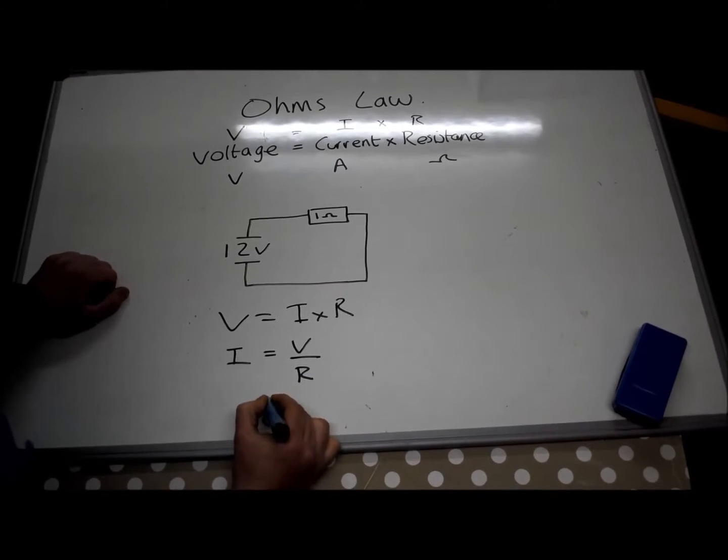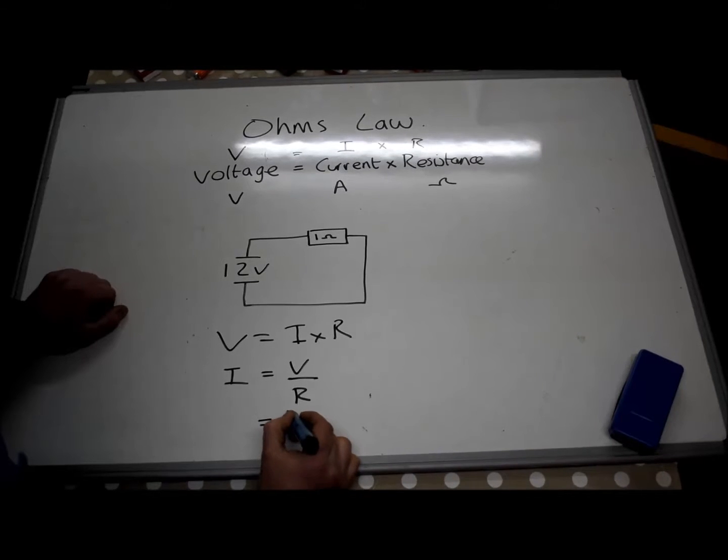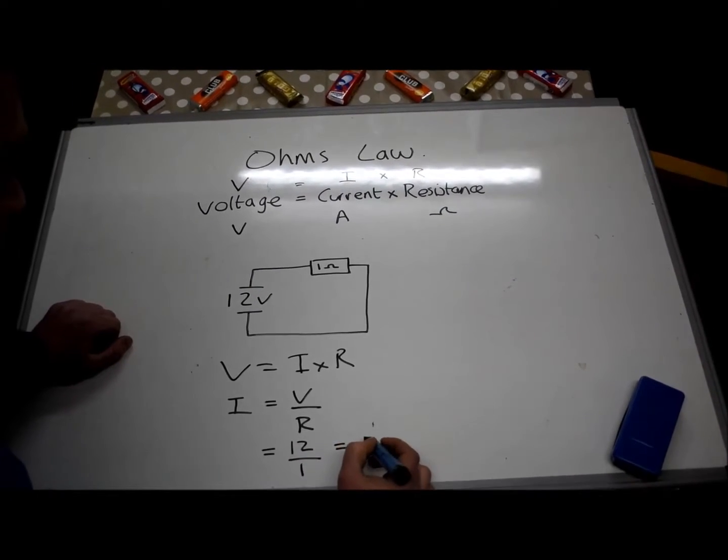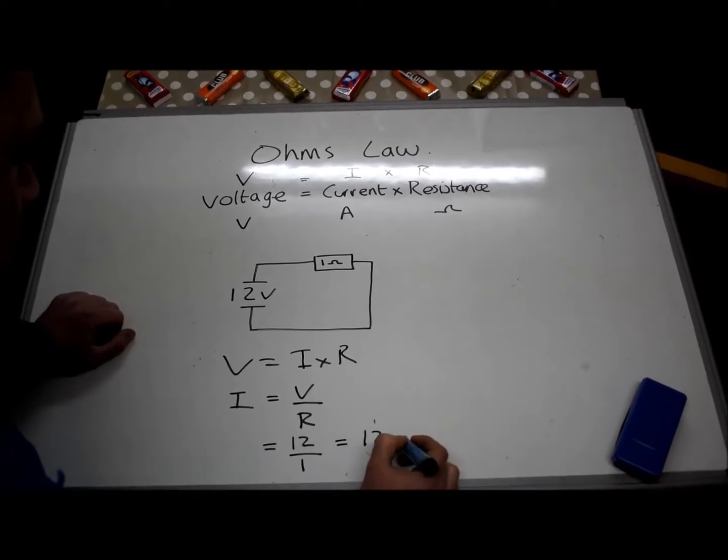So current would equal voltage, which is 12 volts, divided by resistance, which is 1 ohm. Therefore in this example the current would be 12 amps.